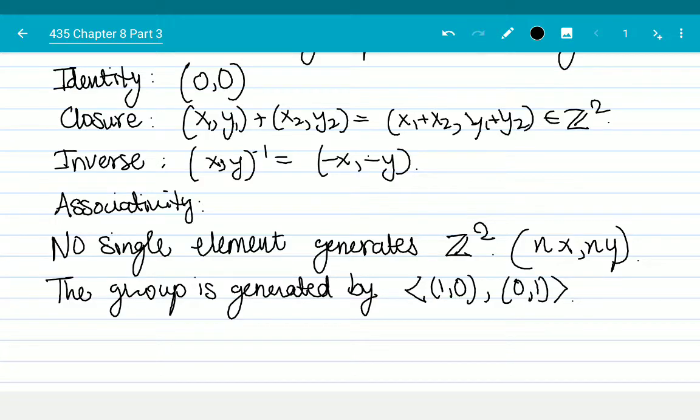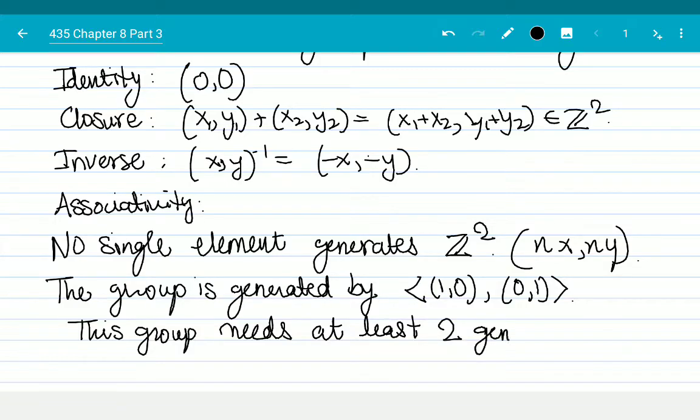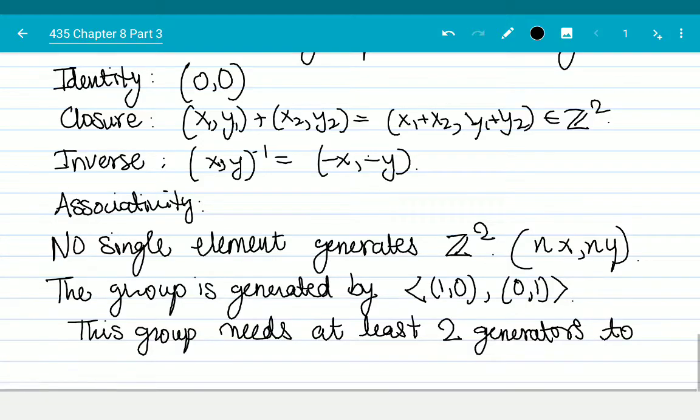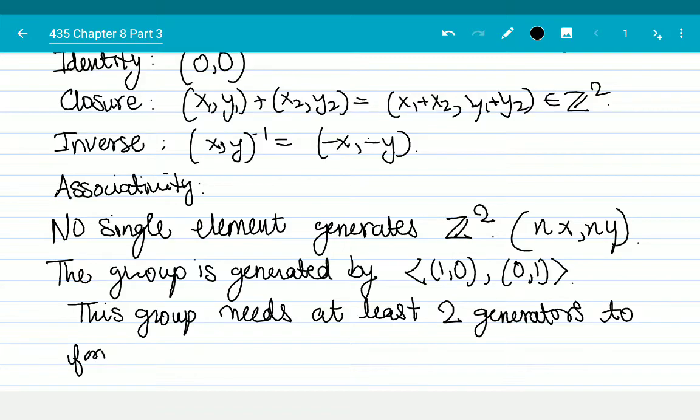Okay? This group needs at least 2 generators to form.